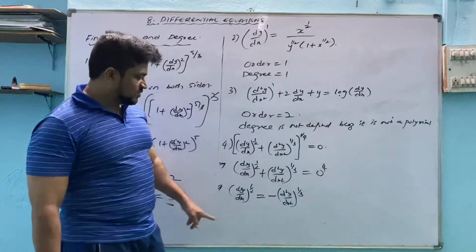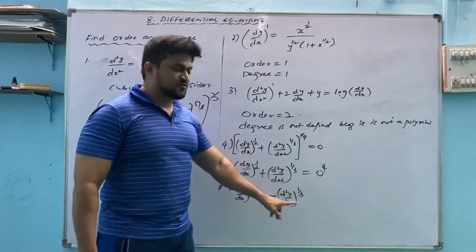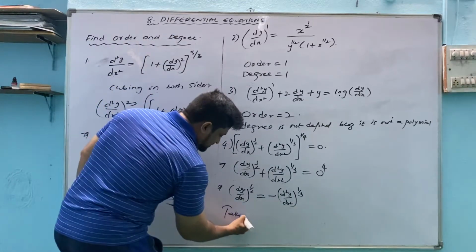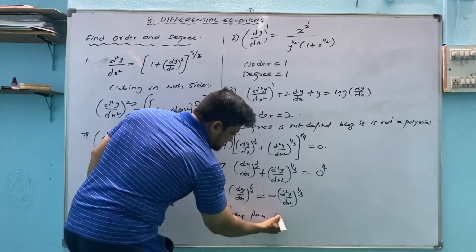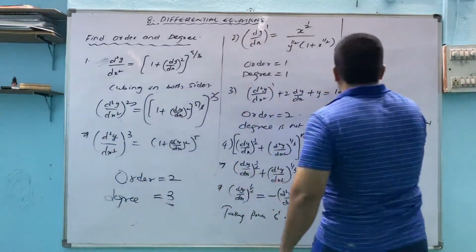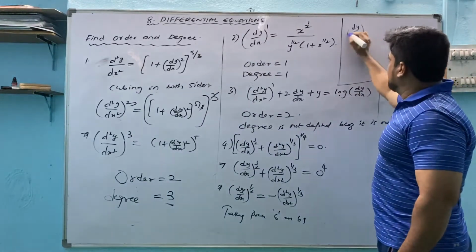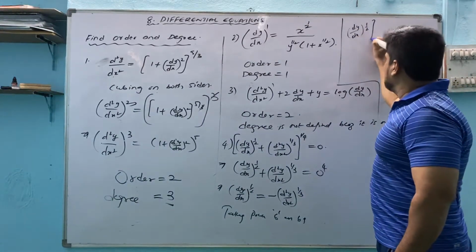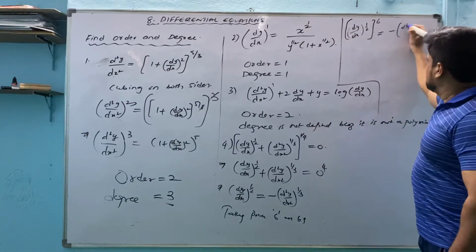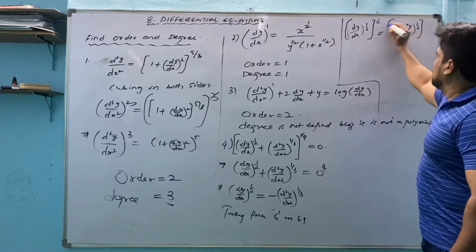So what we will do, to cancel this 2 and 3, find the LCM of 2 and 3. LCM of 2 and 3 is 6. So taking power 6 on both sides. So what will we get if we take power 6 on both sides? ((dy by dx) power 1 by 2) whole power 6 equals to (minus (d square y by dx square) power 1 by 3) whole power 6.